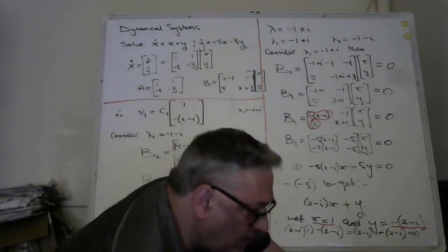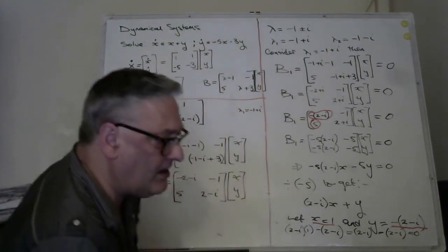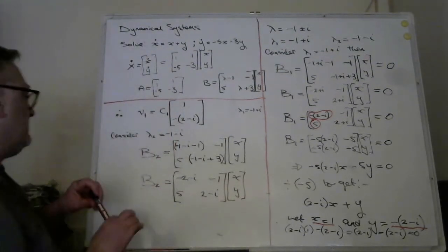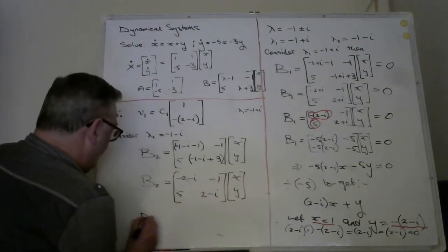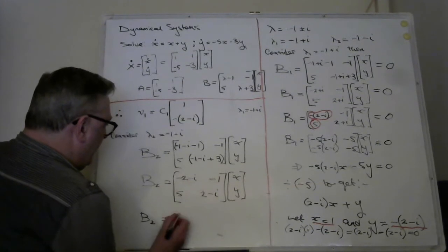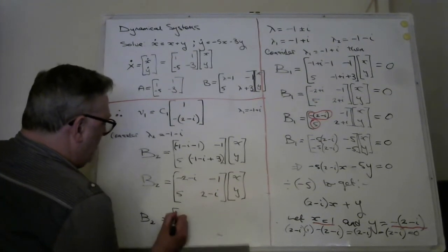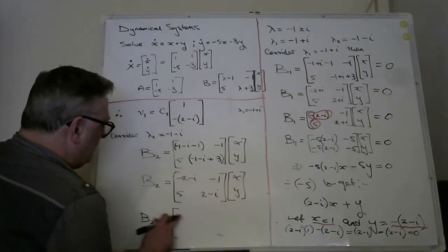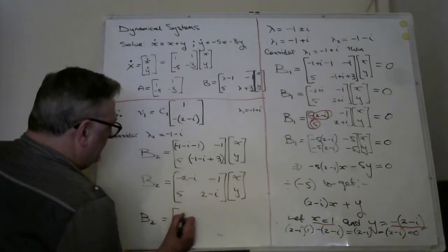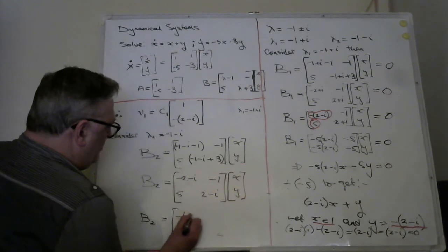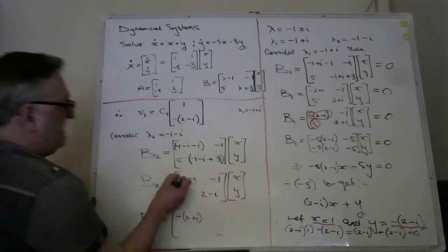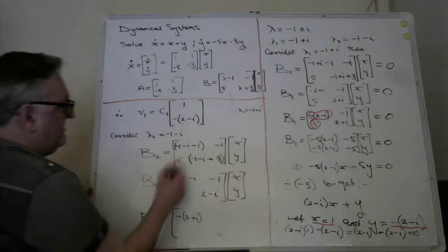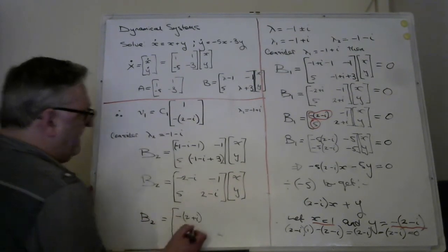And because I tidied that up, I said let B2 be equal to minus (2 plus i). So I've just taken the minus sign out of this first entry and put it in front of the brackets.